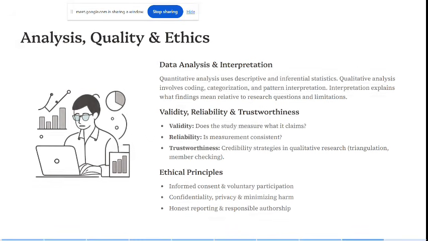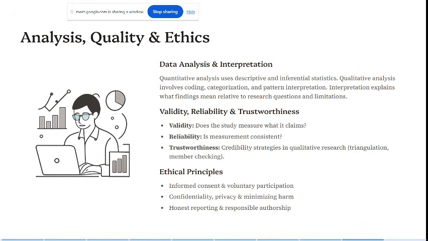Okay, so let's talk about analysis, quality, and ethics. You know, data analysis is much more difficult than all the other stages of a research project, because this is the main stage of a research project. When you collect the data, after that you enter it into the software, then you analyze.